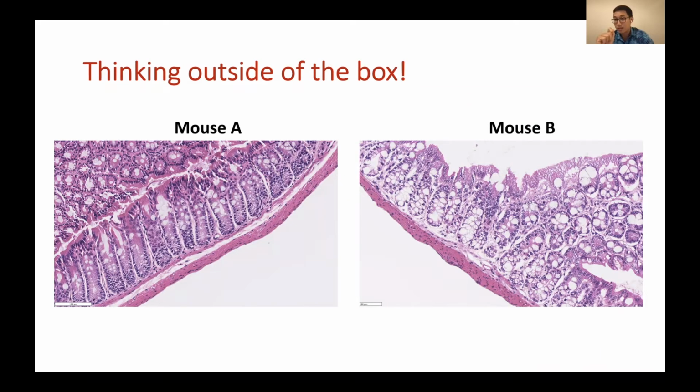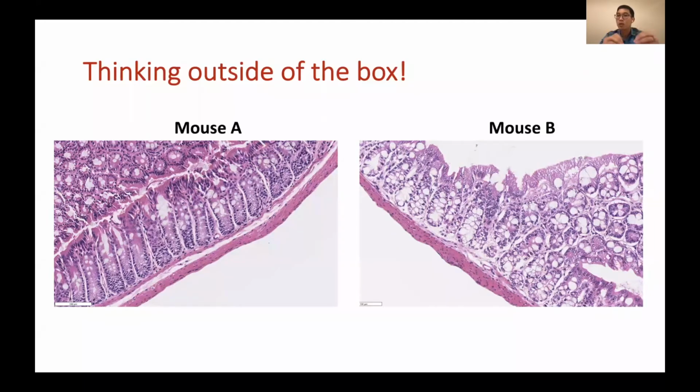This figure shows the gut morphology of the infected mice between bacteria A and bacteria B. After I got this result, I thought, okay, maybe this is not different, because you can see they have the beautiful morphology, the beautiful pattern of histopathology in the gut, between A and B. But thinking outside of the box, maybe they have something different between mouse A and mouse B.